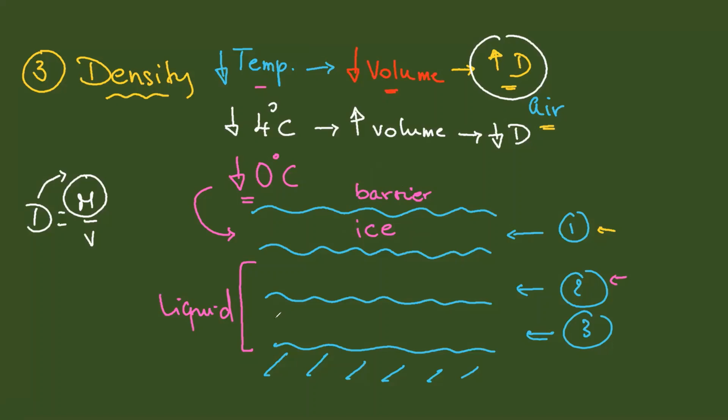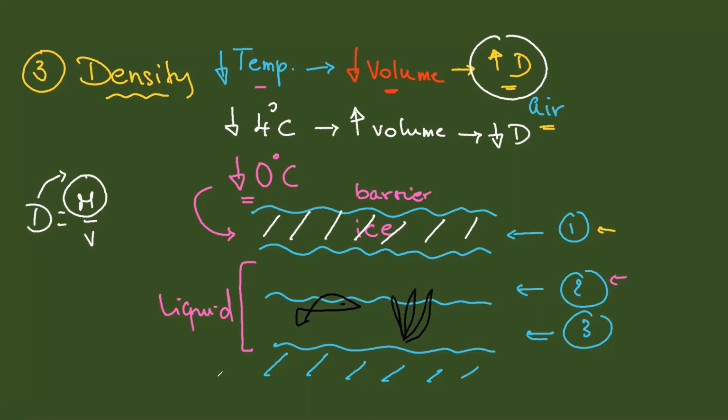So why is this important from the biological point of view, that this layer changes into ice, keeping the lower layers in the liquid form? Because we have always to remember that this is water. This is a certain habitat for some organisms like fish and plants.